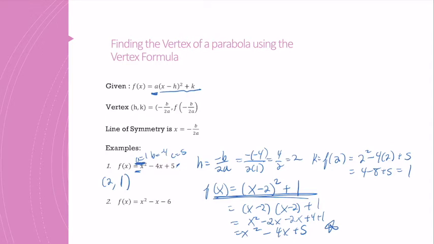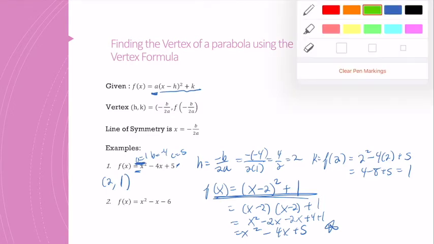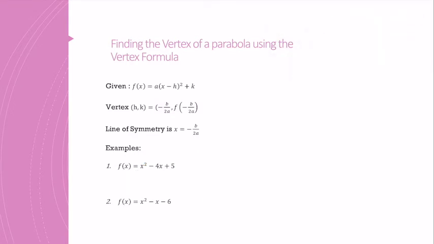So why don't I go ahead and clear us a little bit of room, maybe even change colors. So I have a is 1, b is negative 1, and c is negative 6. h equals negative b over 2 times a.